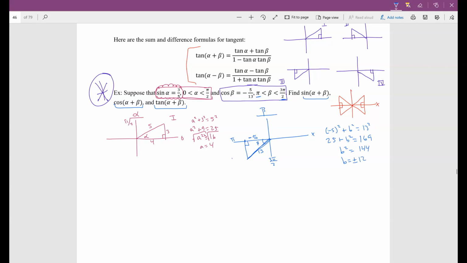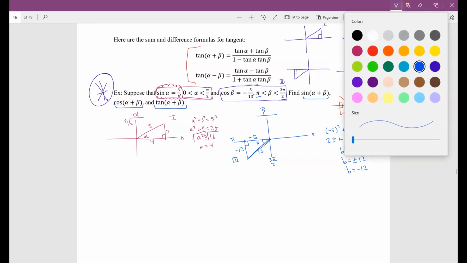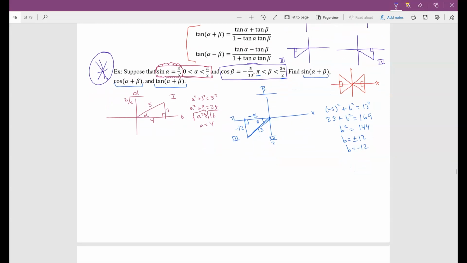Well, since we're in quadrant 3, everything is negative. So we're going to choose the negative side. It's going to be -12. Okay, so I think the tricky part here is being able to figure out the signs. And the way that you find the signs is by knowing which quadrant you're going to be in. Okay, so now that we have basically our two triangles, now we can use the formulas to try to figure out what all of these different trig functions are going to be. So we're going to start off with the sine of alpha plus beta.